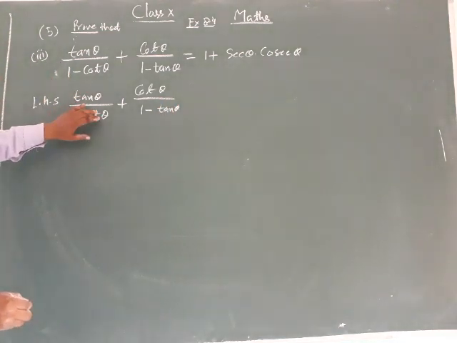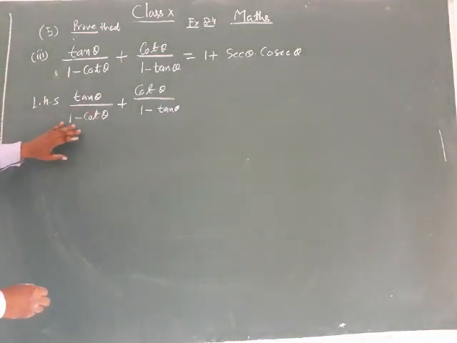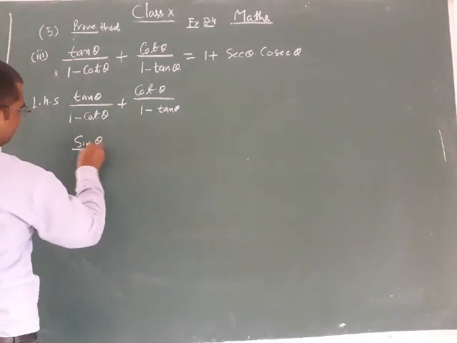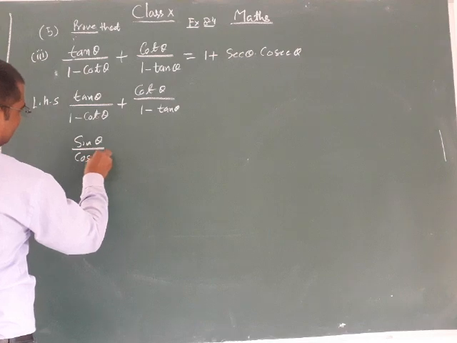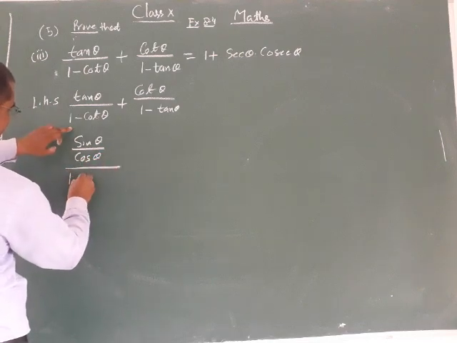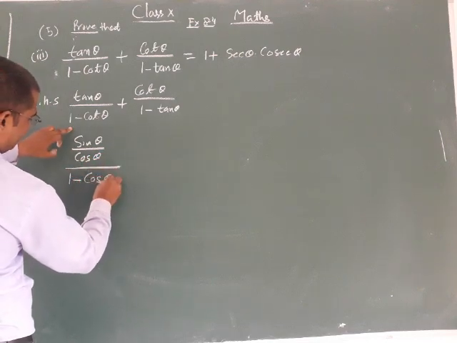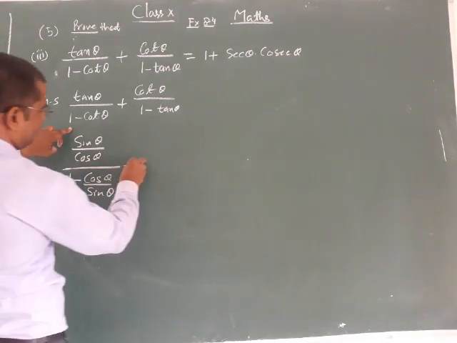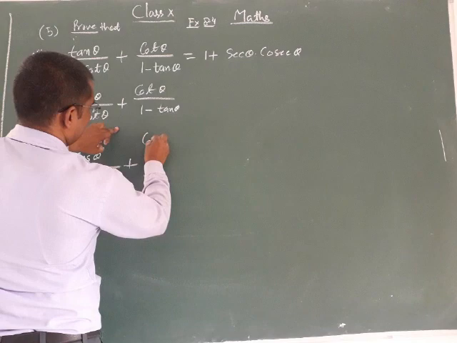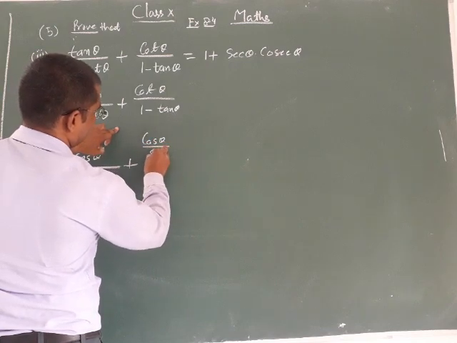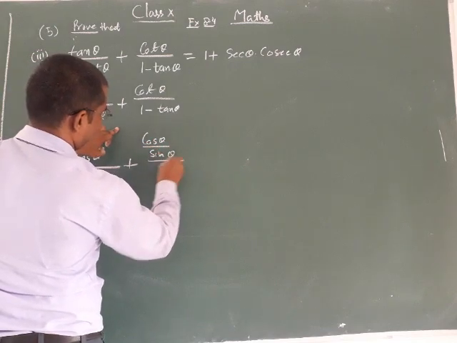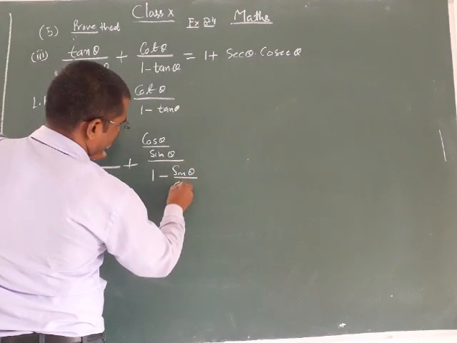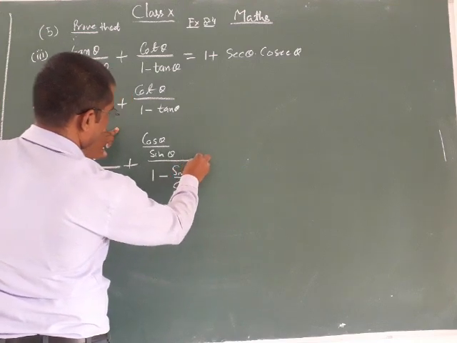Now, changing tan and cot into sin and cos: sin theta upon cos theta upon 1 minus cos theta upon sin theta, and also cos theta upon sin theta upon 1 minus sin theta upon cos theta.